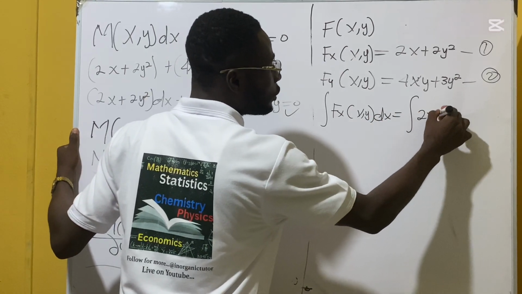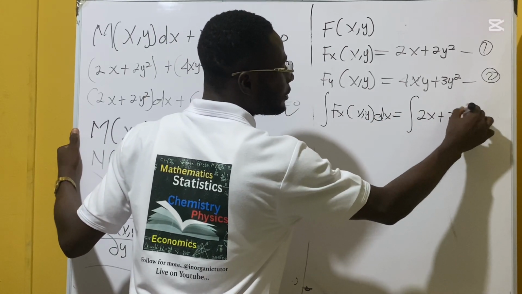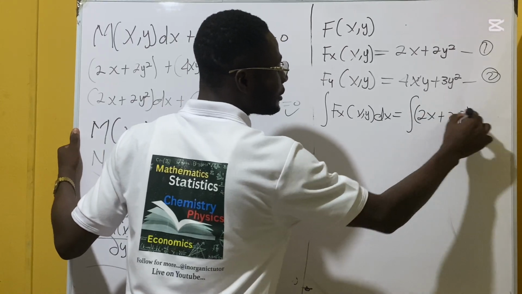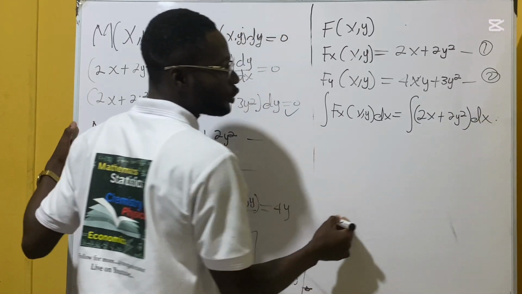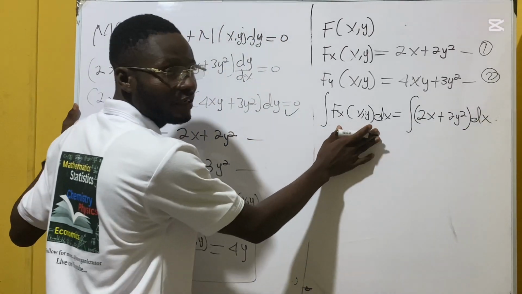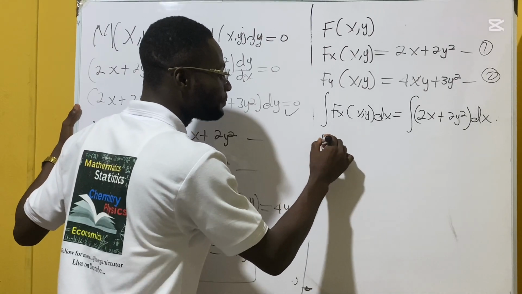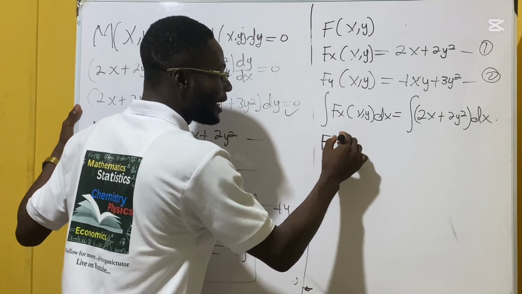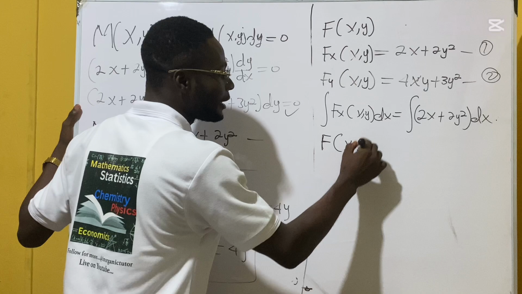So the integral of 2x plus 2y squared with respect to x. Here, when you integrate this, you're going to have f of x and y.